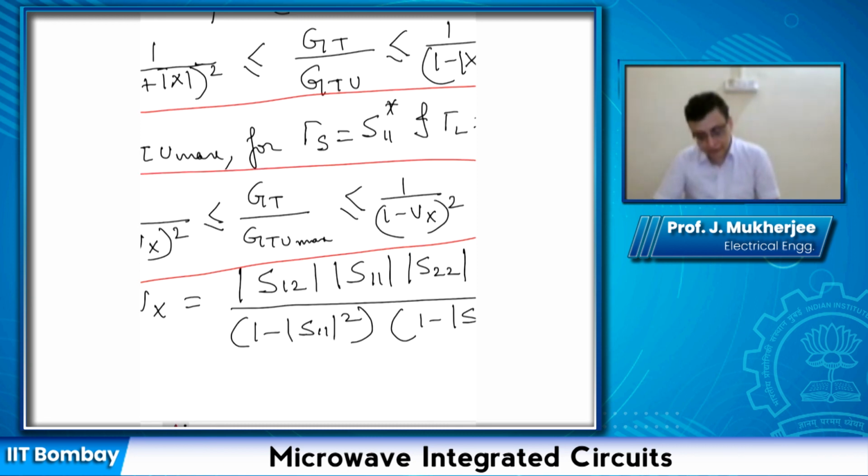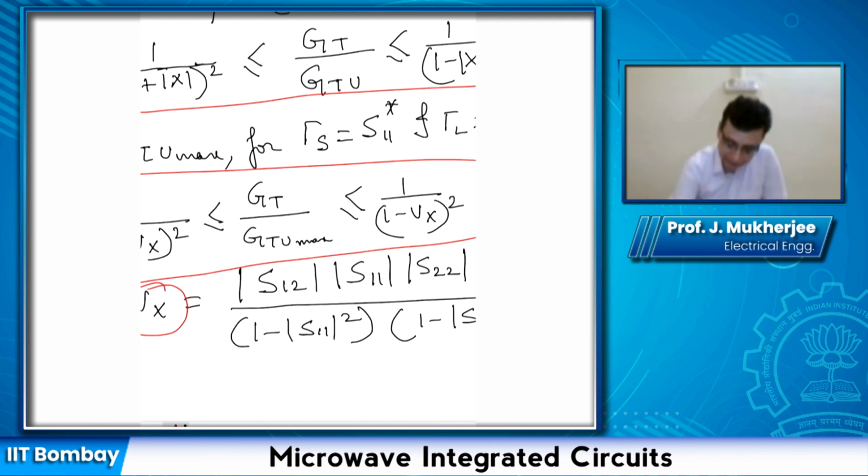So that gives us an idea how good our unilateral figure of merit is. Depending on the values of the S parameters, that is the value of Ux, how close GT is to GTU max will depend on what the value of Ux is.